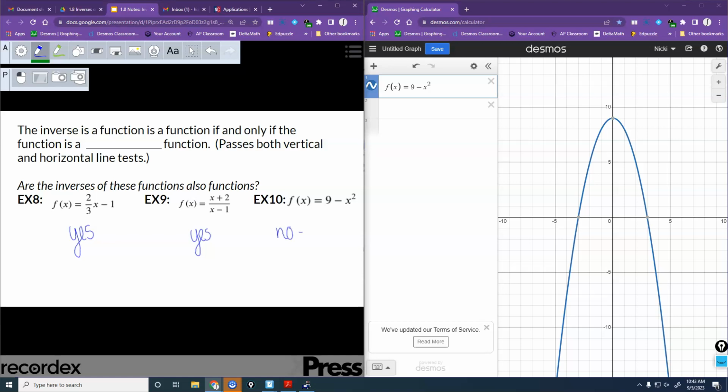So I'm going to say no, inverse is not a function. And that's what we were seeing on the other ones that we looked at. The functions where our inverse was not a function, it was because we did not have a one-to-one function to start with.